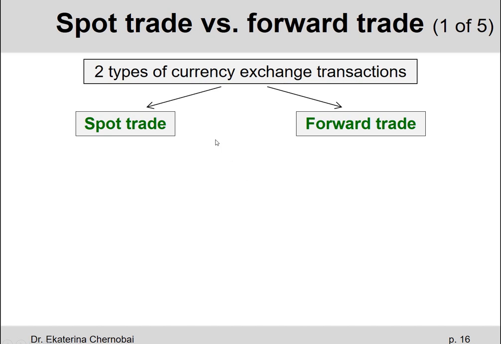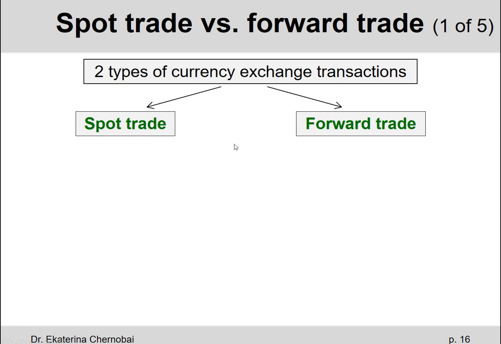Spot trade versus forward trade. On top of there being two different ways to express the exchange rate, like today's exchange rate between any two countries' currencies, there are also two different types of exchange rates. Not just how it's expressed, but different ways they can be used.